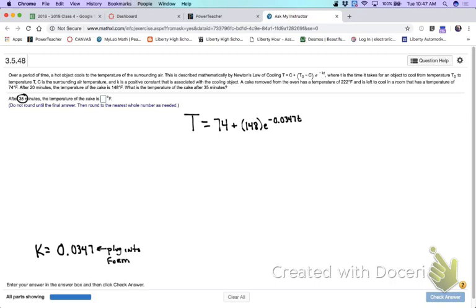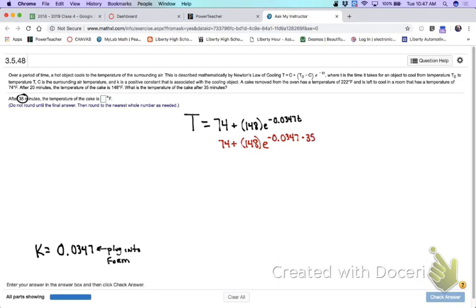Now that I know I want to find it after 35 minutes, I'm just going to plug it in. So instead of a t up in my power, I'm going to have 74 plus 148 times e to the negative 0.0347 times my 35.